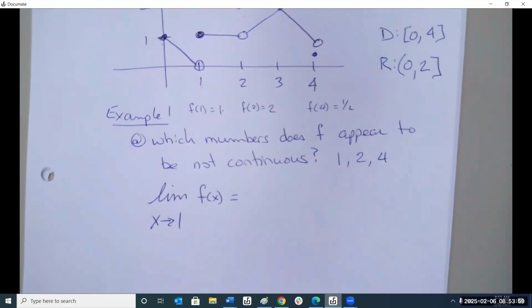Does that exist? You said no. Why? In order for this to exist, what has to be true? In order for the limit to exist, what has to be true?